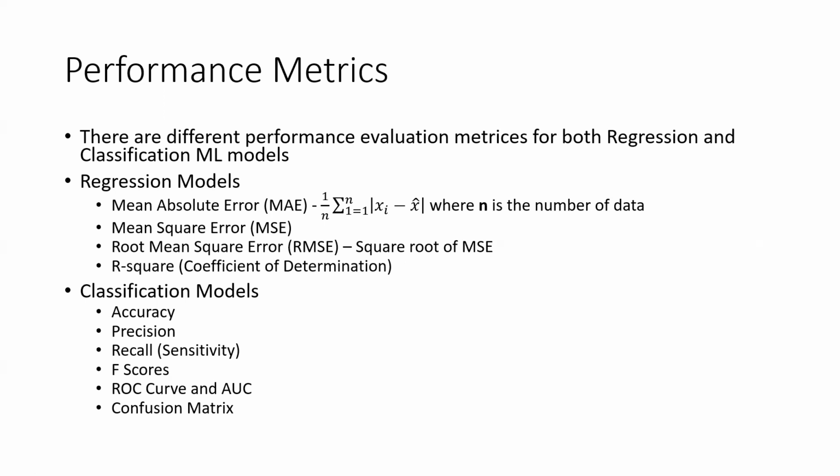Because we have learned about these techniques previously, today we are going to discuss more about the classification model related performance metrics, right? Those are accuracy, precision, recall, which is also known as sensitivity, F scores, ROC curves, AUC, which is known as the area under curve, and the confusion matrix, right?